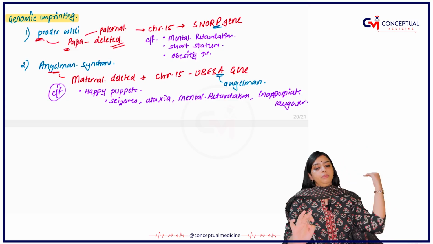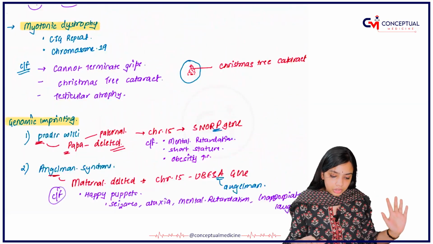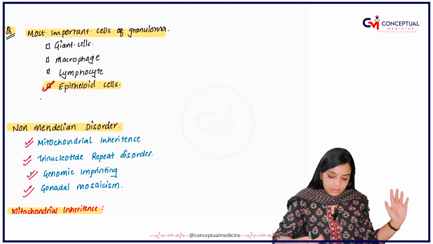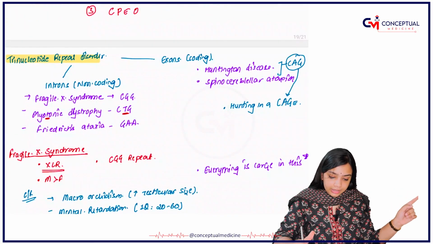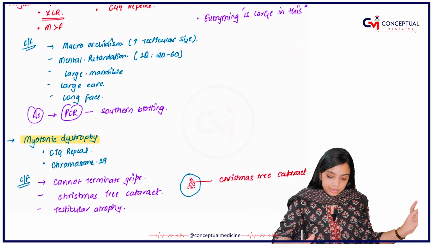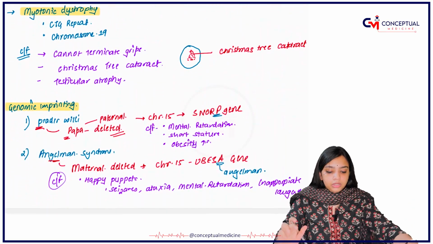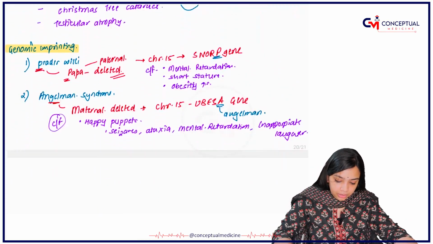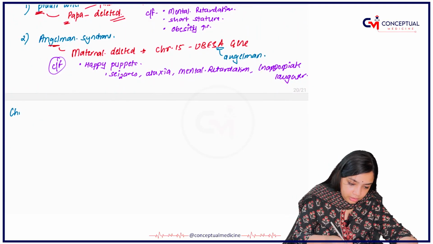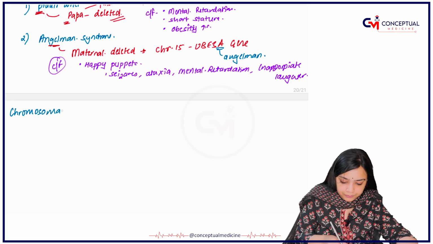Okay. This was all about your non-Mendelian disorders. We have seen the mitochondrial inheritance, the trinucleotide repeat disorders, and genomic imprinting. Now next, move on to the chromosomal abnormalities, that is the chromosomal disorders.